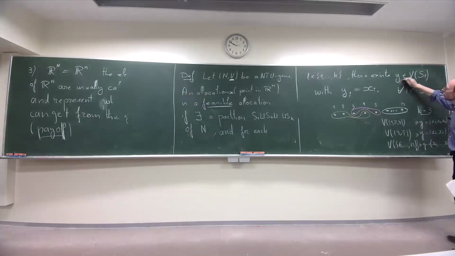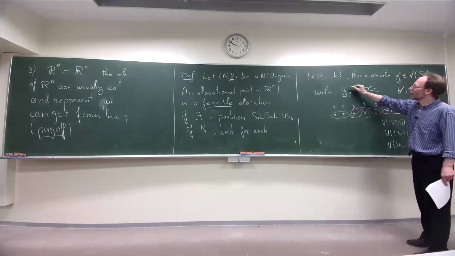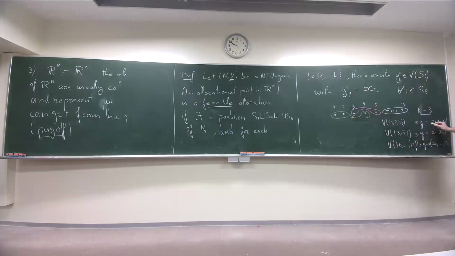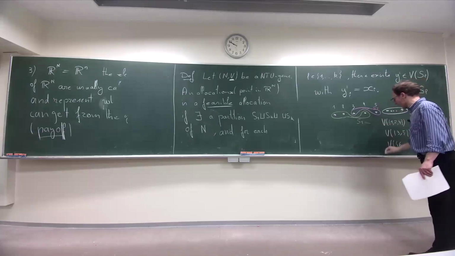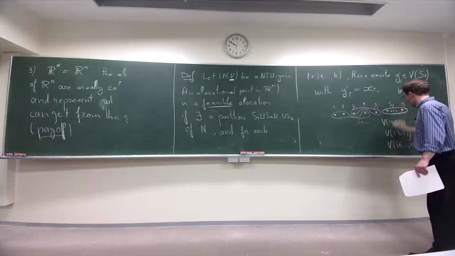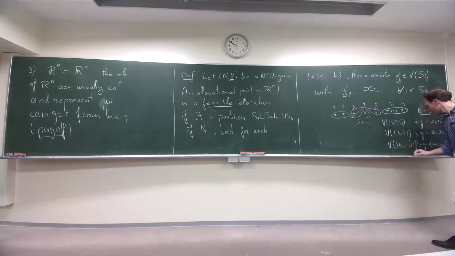So maybe I should put a power L because it's not the component. So we would have this with an L, and this would be the first, let's say this is S1, this red guy is S2, and the white one is S3. Then this would be y power 1. It's not the index. This would be y power 2, and this would be y power 3. But I'm not sure it helps.